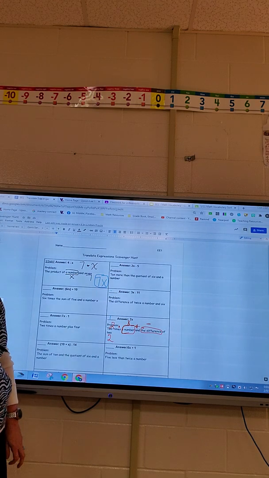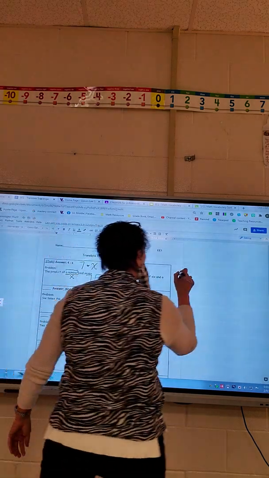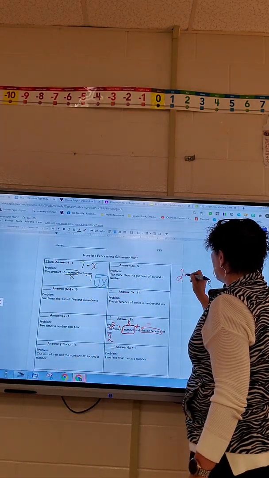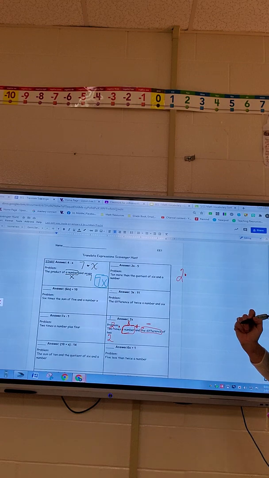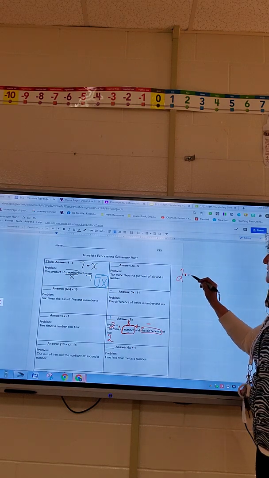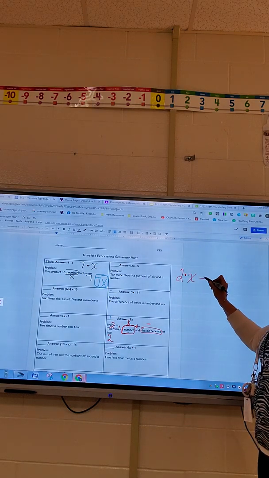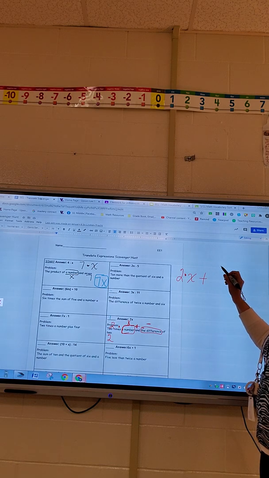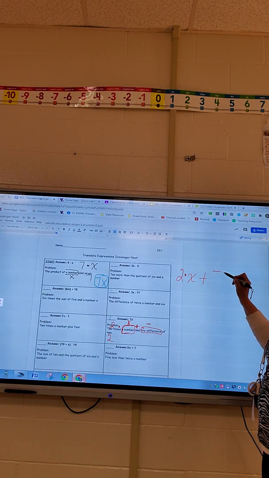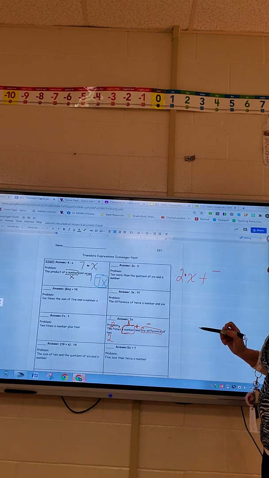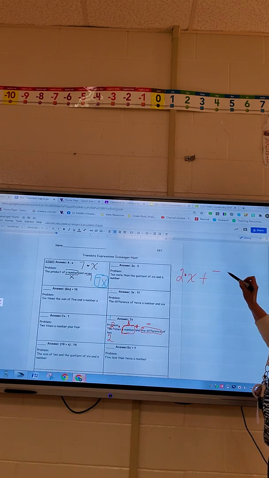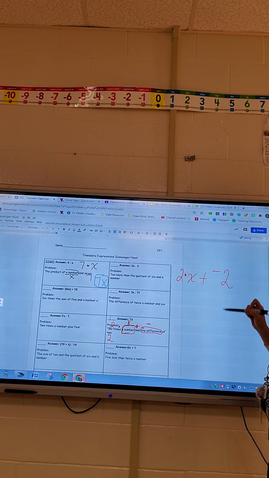Now we got to put all that together. 2 times a number, and I'm going to go ahead and put my dot in there for just a minute. 2 times a number plus the difference of 2. So that's what it looks like, right?